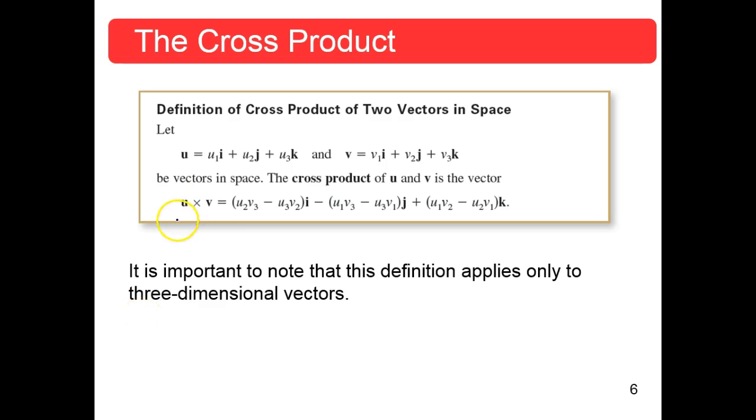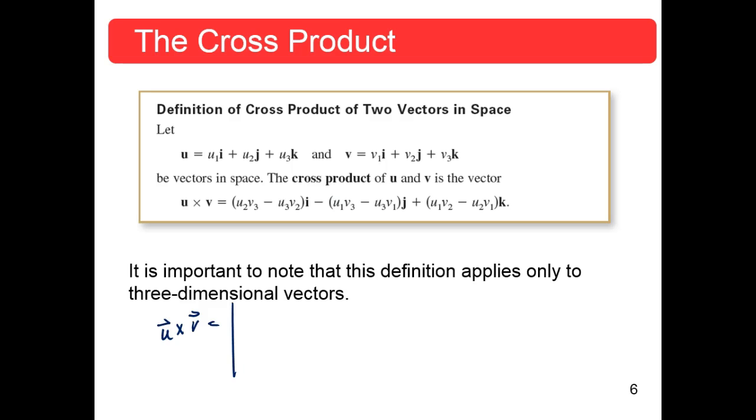So let's say the cross product of U cross V. Now remember, U is U1 I plus U2 J plus U3 K, and V is V1 I plus V2 J plus V3 K. So how are we going to do that cross product? U cross V is going to be the determinant of, now here's a little problem.